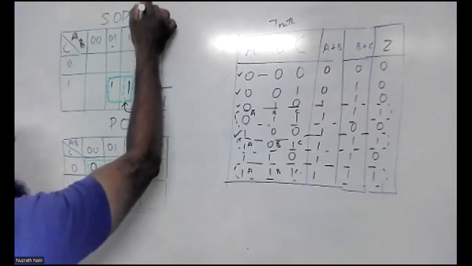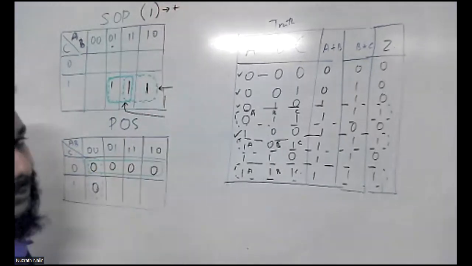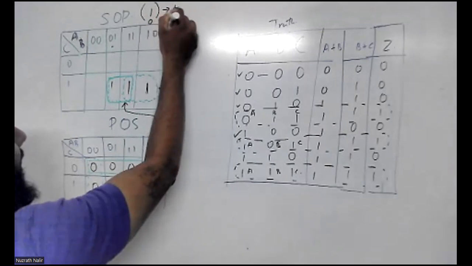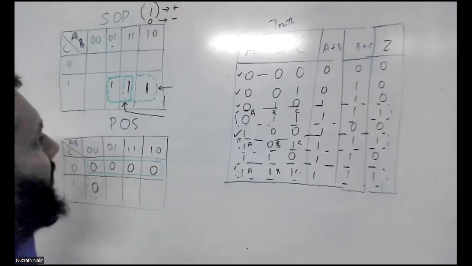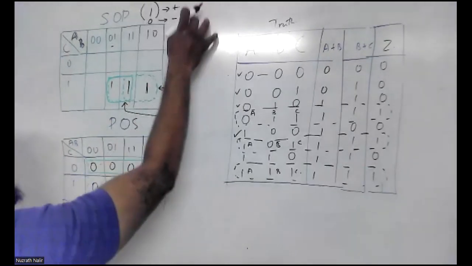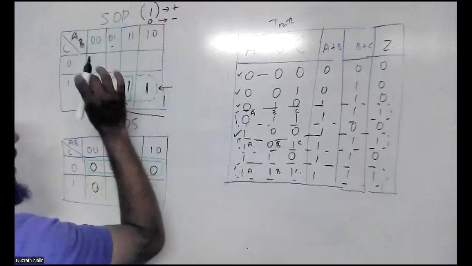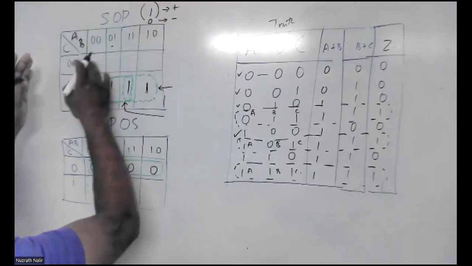So the best combination says, if the 1 is there, we are taking it as positive, which means A. If it is 0, we are taking it as a negative bar value. Let's concentrate on this one. It's very important. Because we are only focusing on the 1, we are neglecting the zeros.